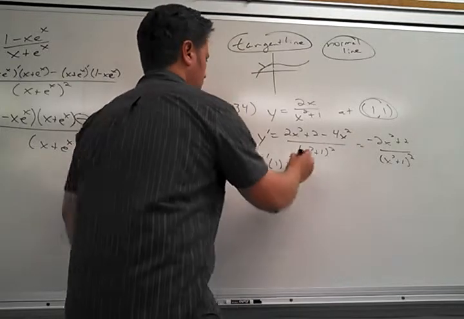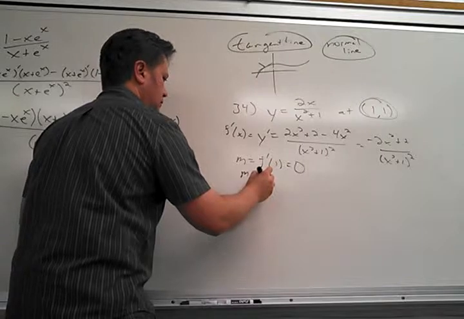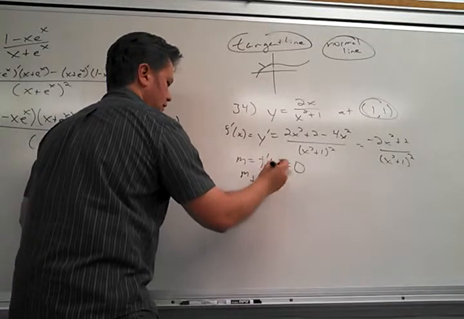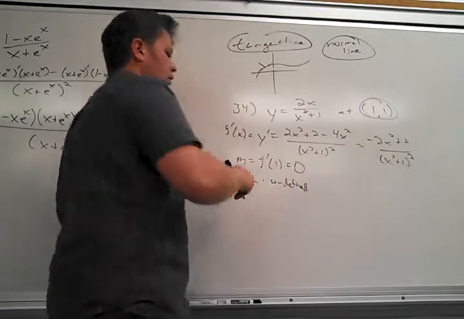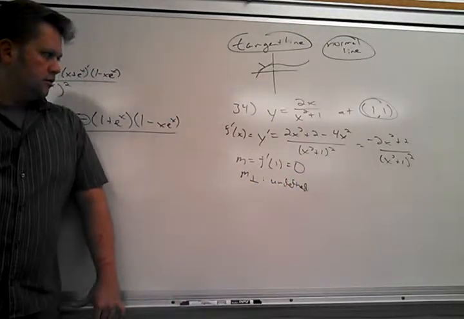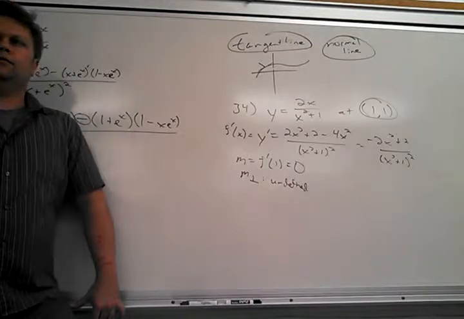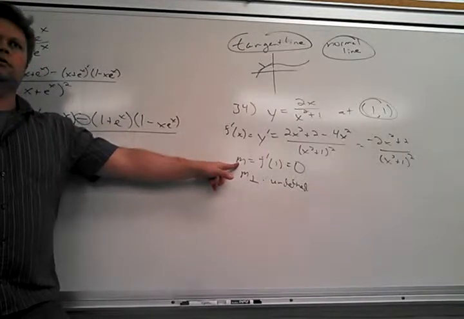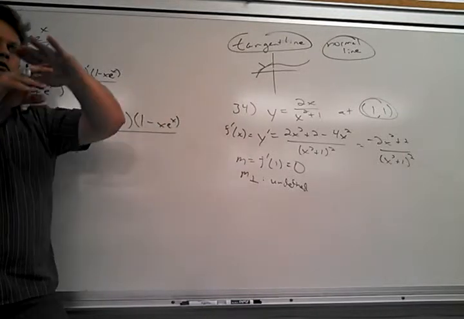All right, so what's m perpendicular then, at least symbolically? Or actually, even better would be 1 over 0, undefined. So obviously what's happening at 1, 1 on that graph? The slope at that point is 0, so it's horizontal at that point.